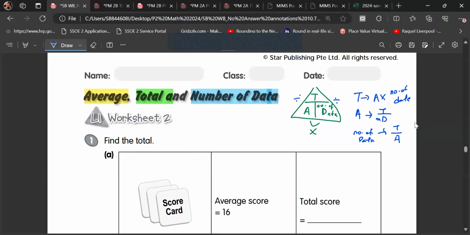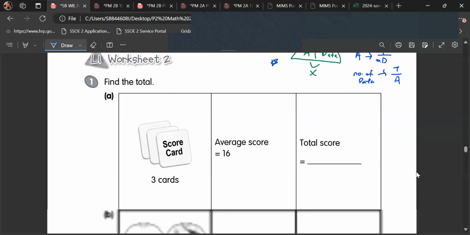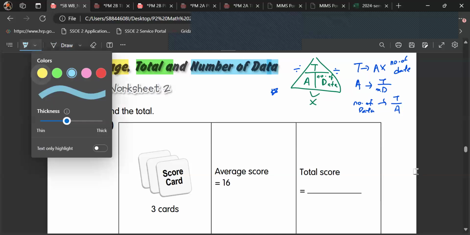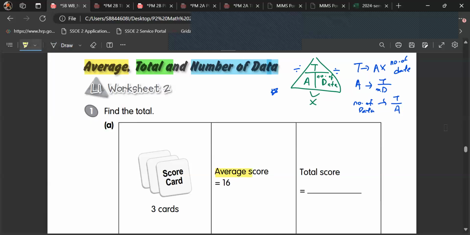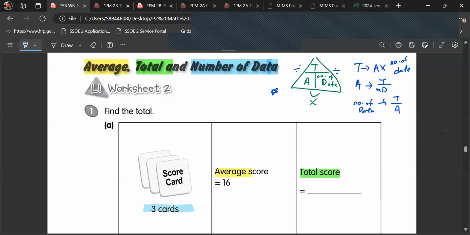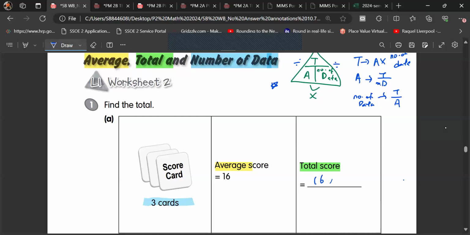So very quickly, with these three equations in mind, this is like a tick box. With this in mind, I notice the question: what is given? Average. What is needed? Total. What else is given? Number of data. So total will be average times number of data, answer, done.